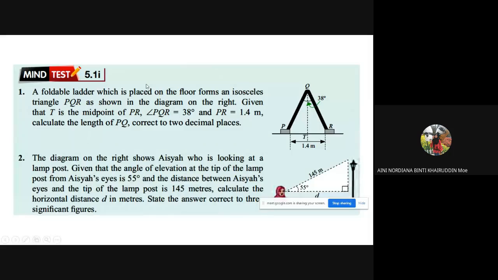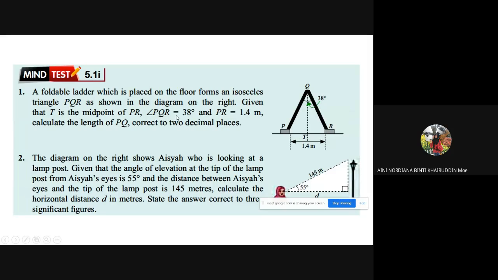So this is question number 1, mind test 5.1i. A foldable ladder which is placed on the floor forms an isosceles triangle PQR. So when you want to solve this problem, you need to take out all the information in the question.